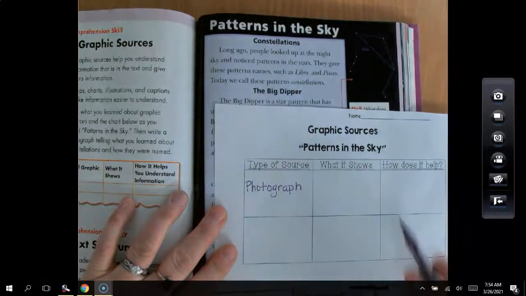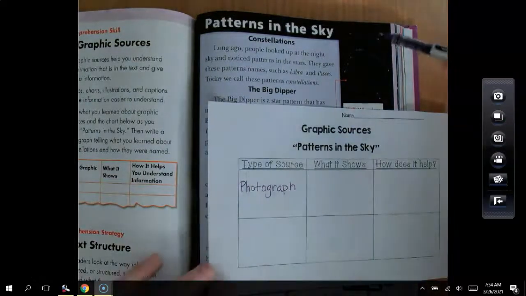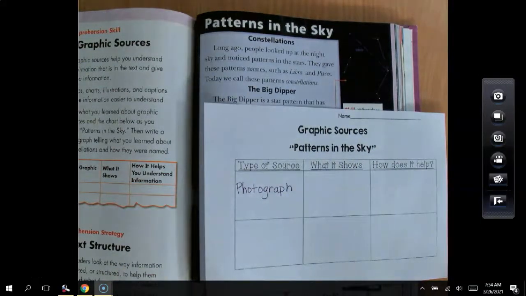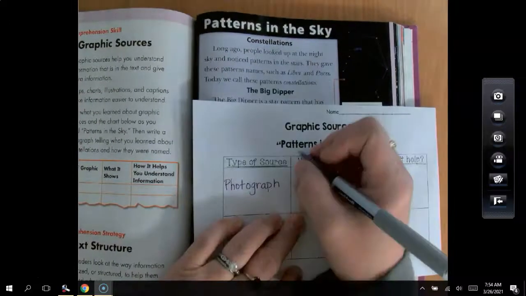Now, what does it show? What does this photograph show? Well, boys and girls, the photo is labeled Libra. It shows the constellation Libra. Okay?